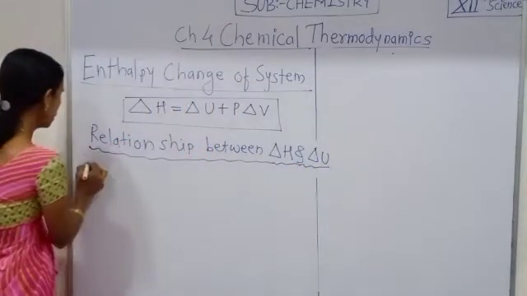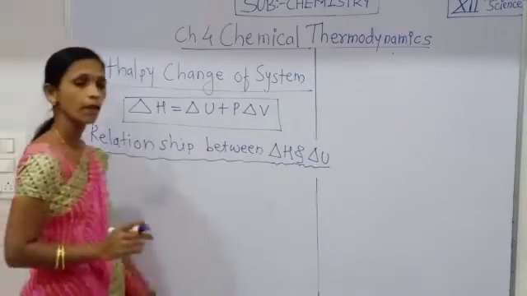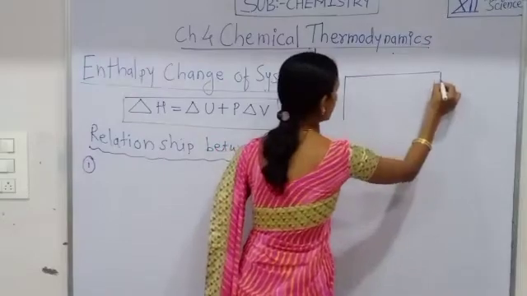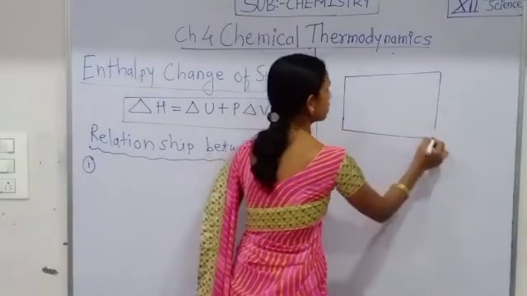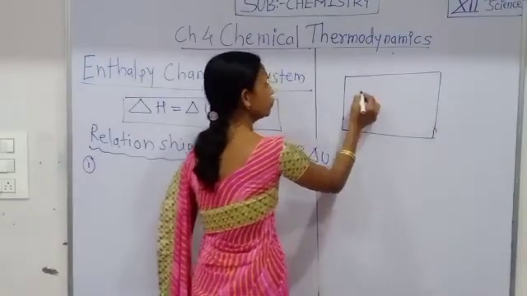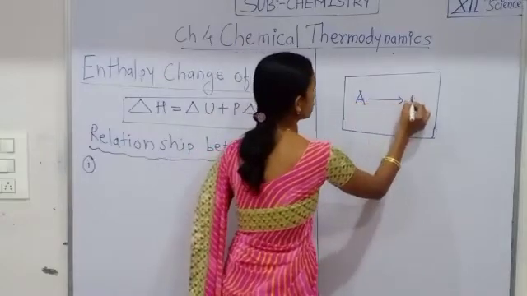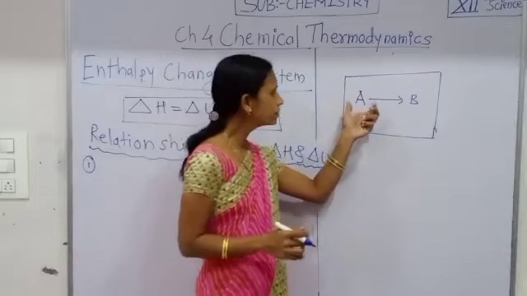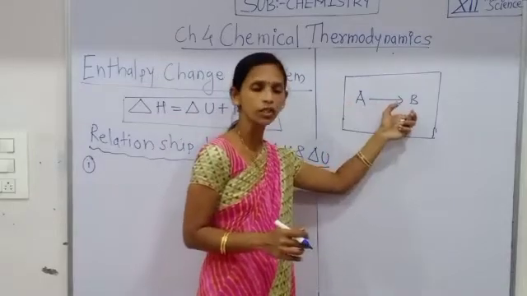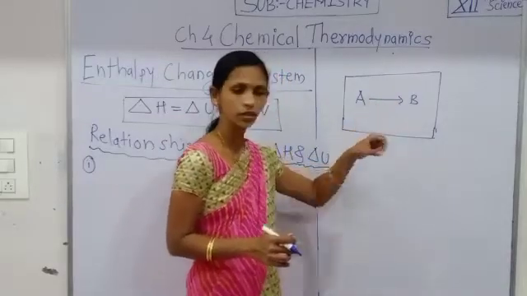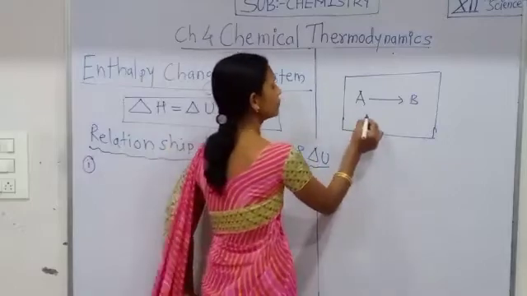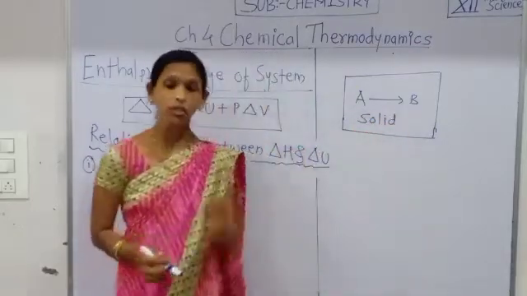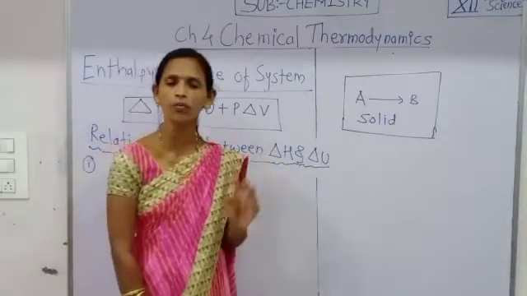Then what is the relationship between enthalpy and change in internal energy of the system? Suppose in the system there is a reaction or process involved, with reactants and products in the solid state. Then solid substances are non-compressible.